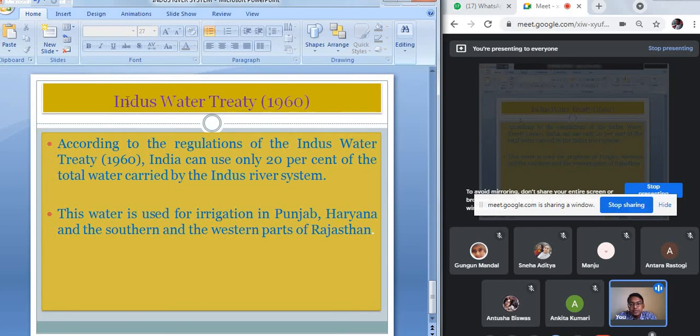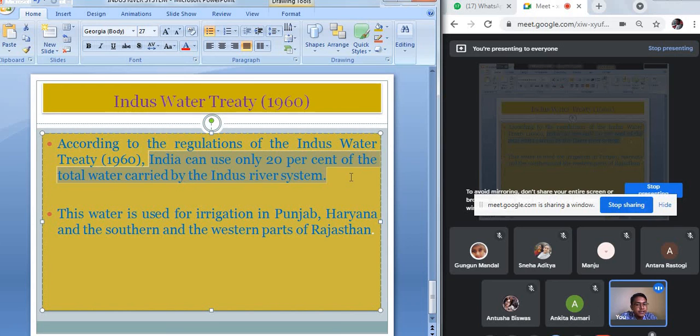This Indus Water Treaty is an agreement between India and Pakistan which was signed in the year 1960, and according to it, India will be using only 20% of the total water carried by the river Indus, and the rest 80% of the water will be used by Pakistan. And this 20% of the water which we will be using will be used for irrigating the agricultural lands in the state of Punjab, Haryana, and in the southern and the western part of Rajasthan.